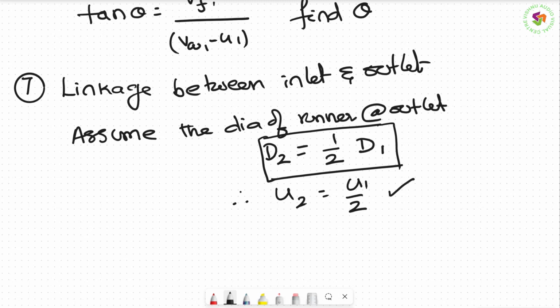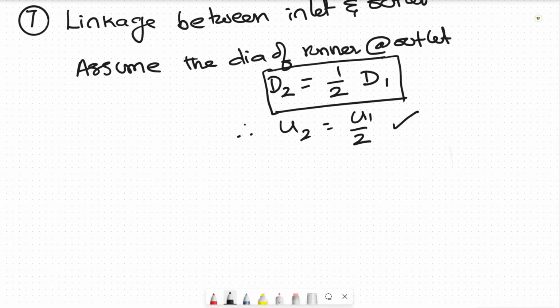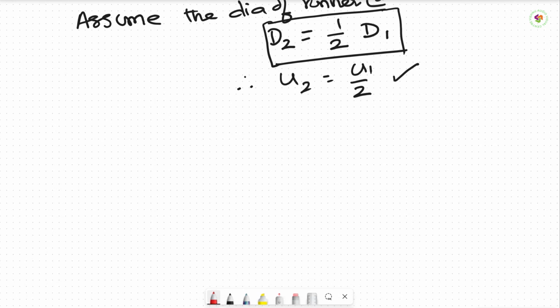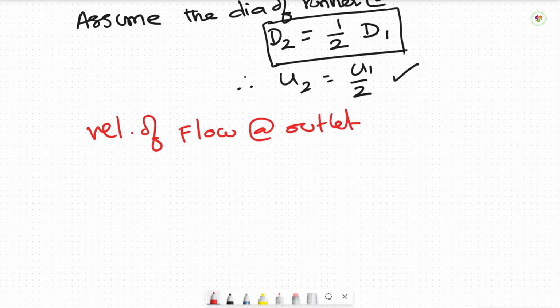Next, the velocity of flow at outlet. How to find out?